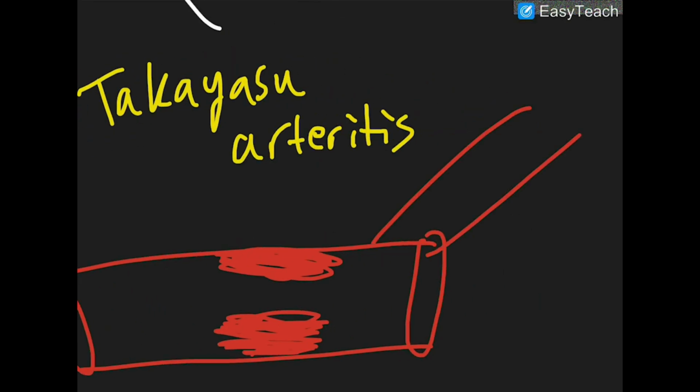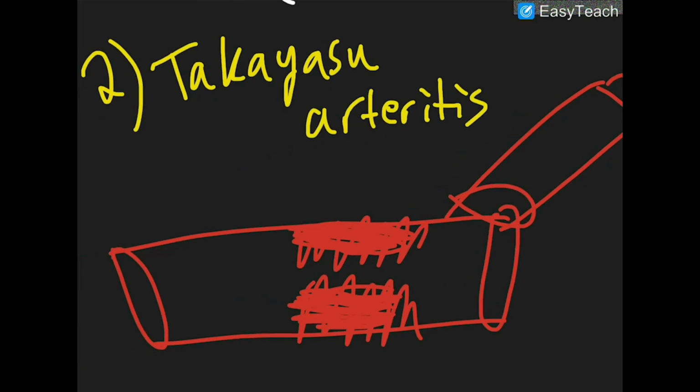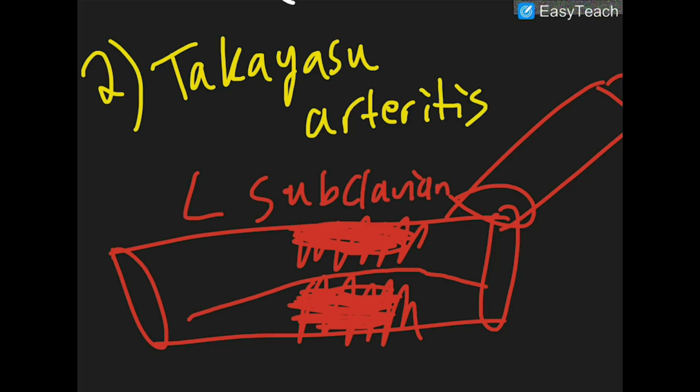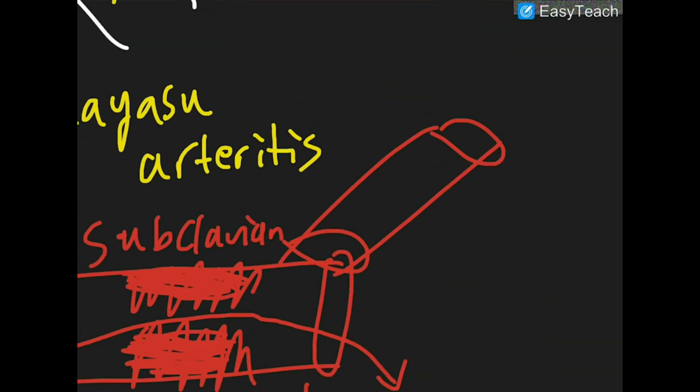If you get thickening and inflammation and fibrosis and narrowing in your left subclavian artery, in this example, then less blood flow will make it to your left arm, right? So then again, you decrease pressure in your left arm.